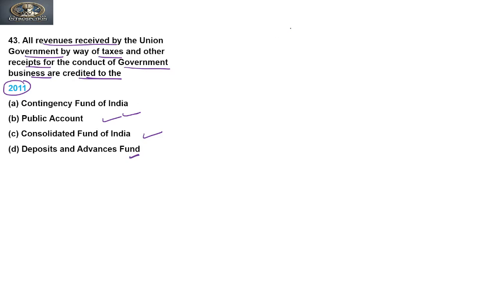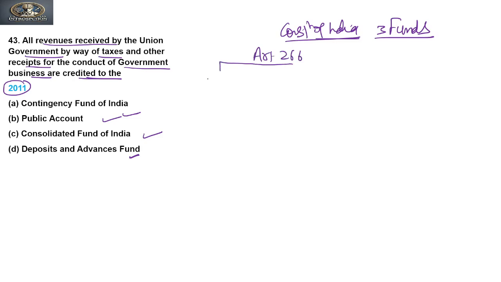Now, as we know, the Constitution of India has provided three funds. Article 266 talks about two types of fund. One is the Consolidated Fund of India, and the other is the Public Account Fund.